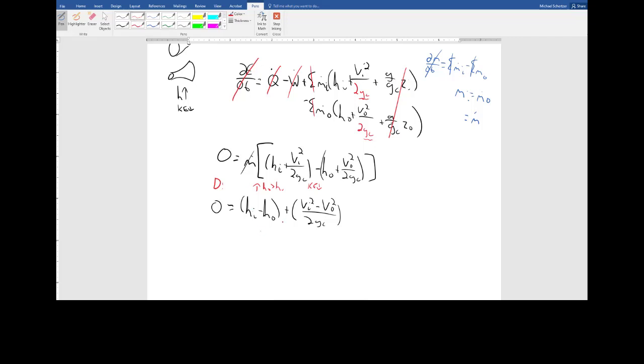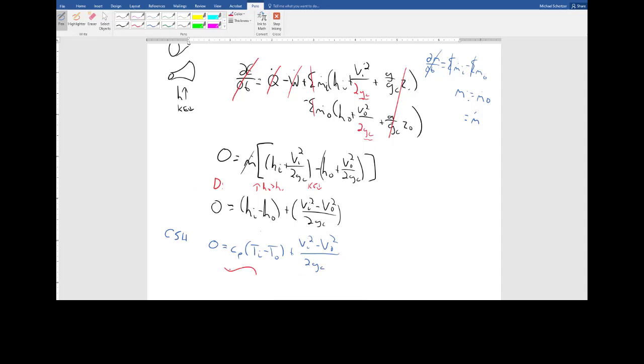So there's two things. Because they told us that we want a temperature, and because it's a multiple choice question, so I don't know what method you're using, I'm going to say constant specific heat, which means 0 is equal to Cp times (T_in minus T_out) plus (V_in squared minus V_out squared) over 2gc.